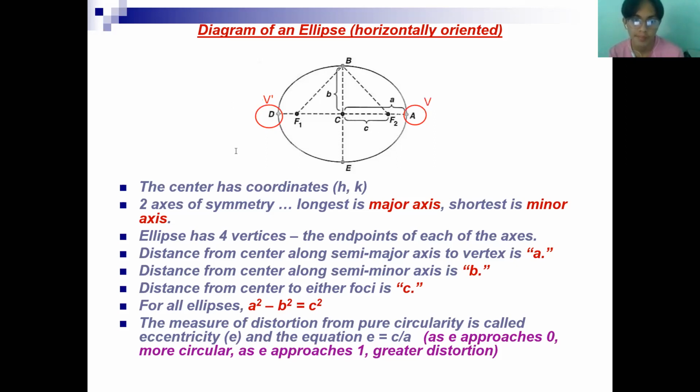So this is actually the vertex, rather, it's not vertex, but vertices. Now, since there are two vertices in your ellipse, we call this vertex 1, vertex 2, or vertex prime. These are the two vertices.